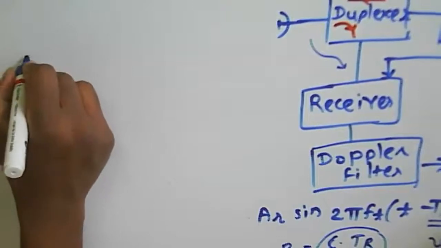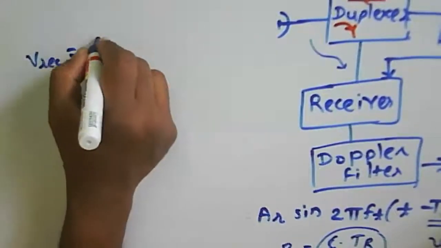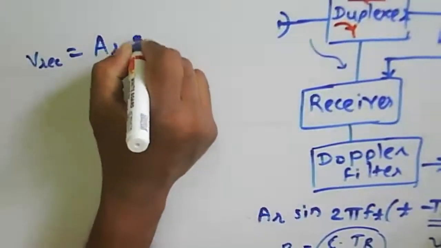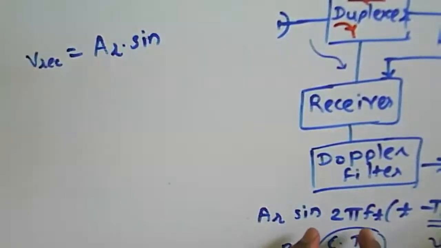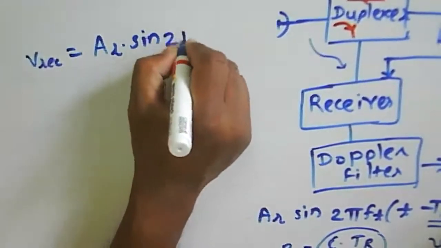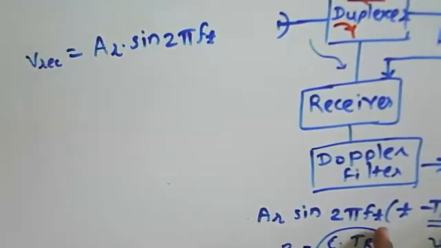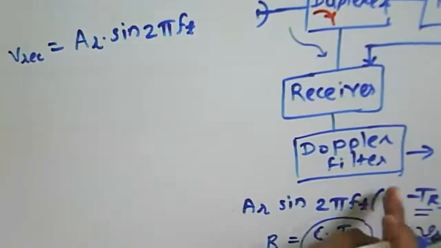We will write what will be the received signal. Received signal is equal to AR sine of, this is a sine term, and we have the term twice pi ft. Now this one changes. So t minus tr changes.